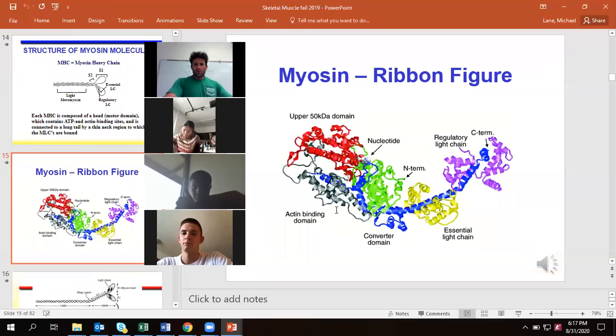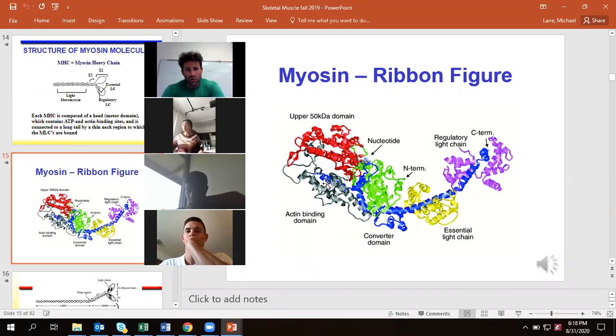Cool. So this right here is myosin. You guys have never had biochemistry, or I highly doubt you have, but what's really cool is this is literally how the protein is folded and put together. So each different colored strand is a different individual protein.